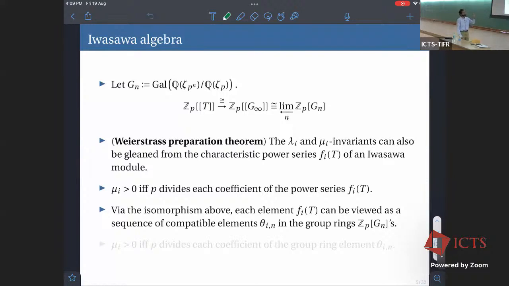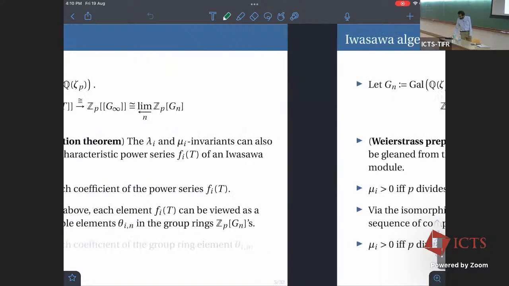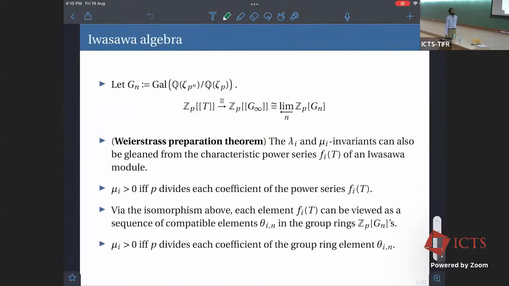Through this isomorphism, if I have f(T) in this power series ring, I have a corresponding element theta in the Iwasawa algebra, given by a system of compatible elements theta_n. Another way of stating that mu is positive is that p divides each coefficient of these theta_n. These theta_n are group ring elements in Z_p[G_n], and mu is positive if p divides each of these coefficients. So these are some elementary observations that kickstart Ferrero-Washington's results.